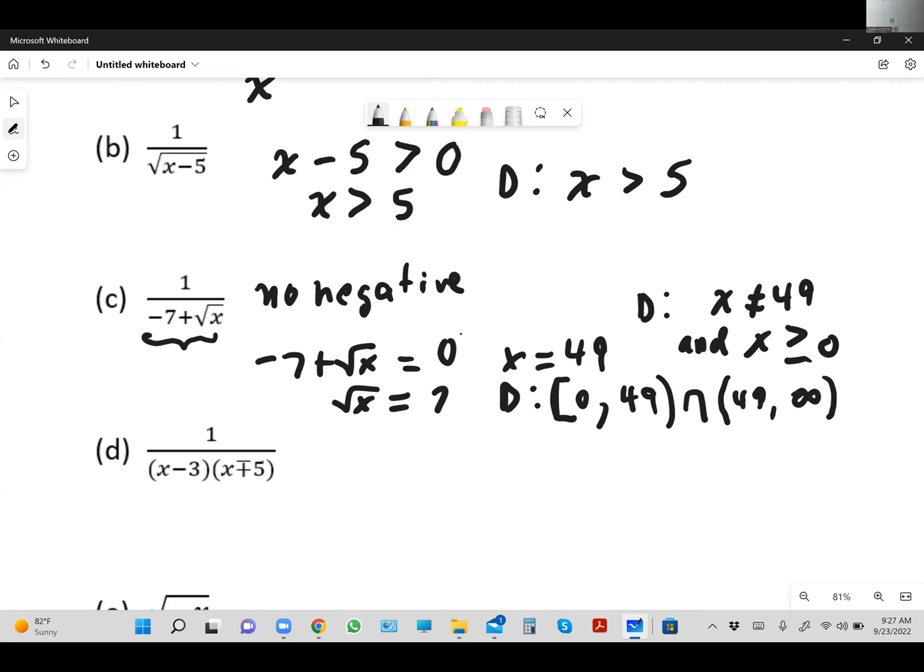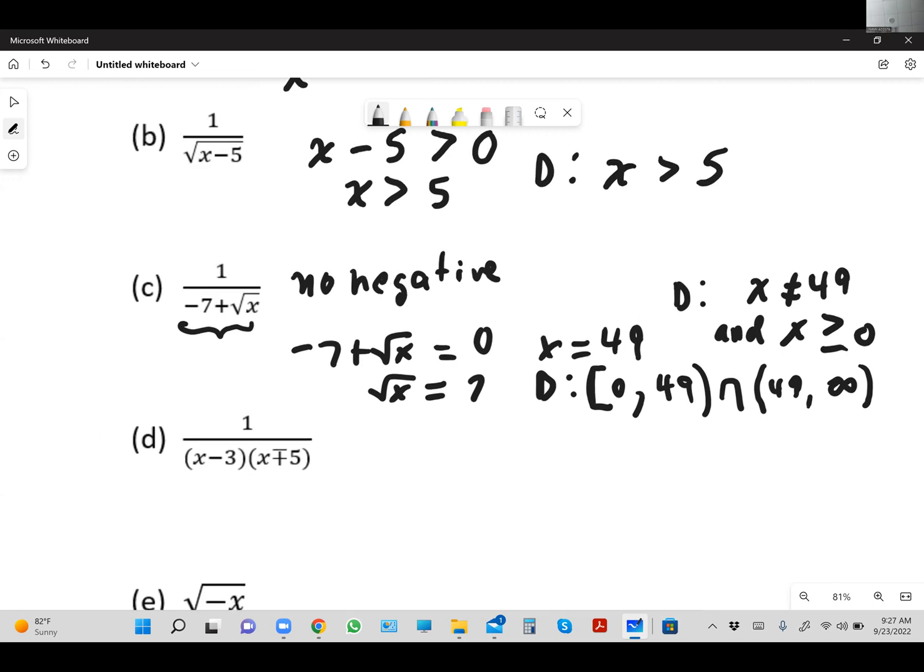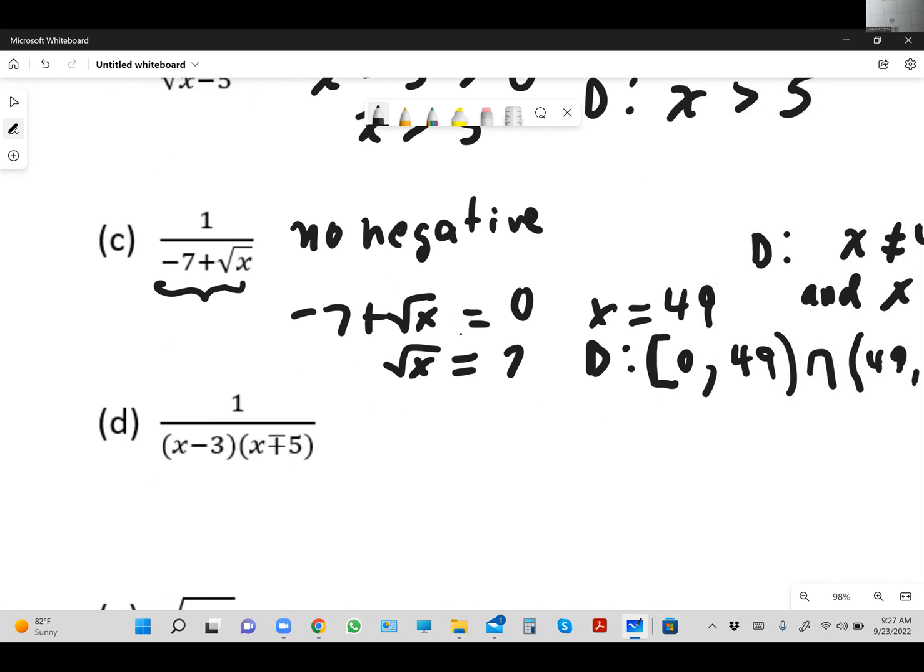What would be my domain for the next one, D? The values you cannot have are 3 and -5.